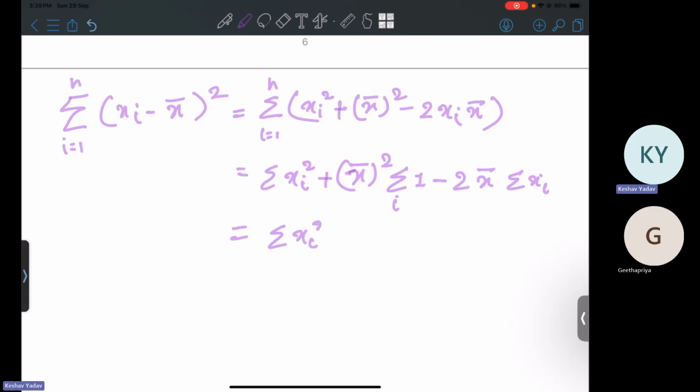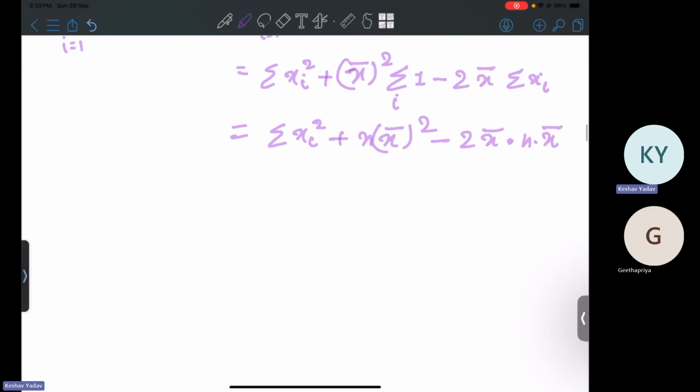So this will be equal to summation of xi square plus n times x bar square minus 2 x bar multiplied by this, which will be what? x bar is equal to 1 upon n summation of xi, so from here I can write n multiplied by x bar.